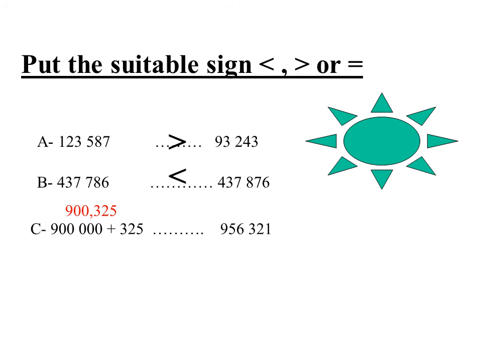The first number has 0 in the 10,000 place and the second number has 5 in the 10,000 place, so sure 5 is greater than 0, so 900,325 is smaller than 956,321.